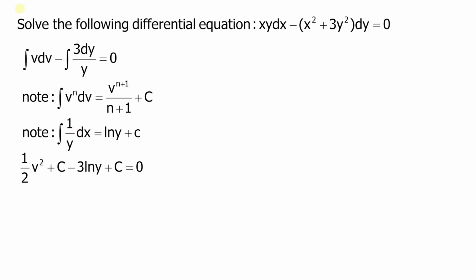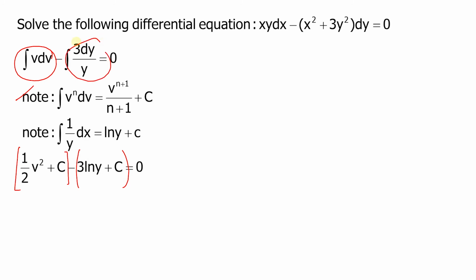So for this part, the integral of v dv is 1/2 v squared. Just apply the formula. So you have 1/2 v squared plus c for the first integral. For the second integral, you have integral of 3 dy over y, so that's 3 ln of y plus c. That's your second integral.